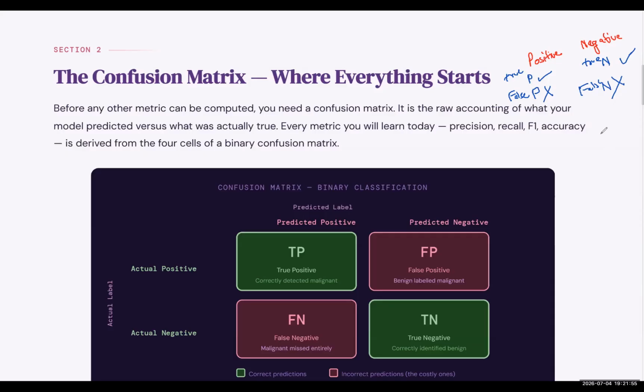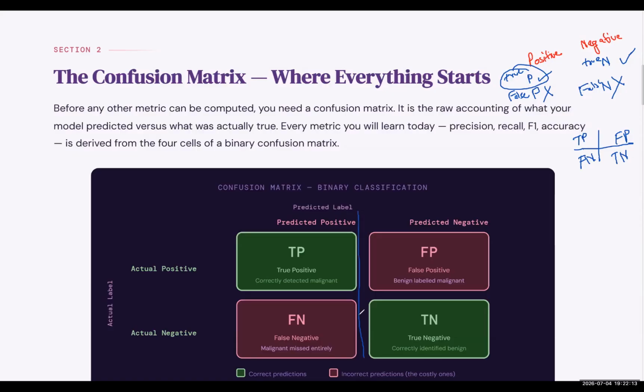So now you have some number for true positive here, some number for false positive, some number for false negative over here, and for true negative you have some number here.